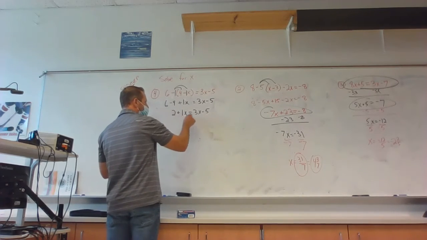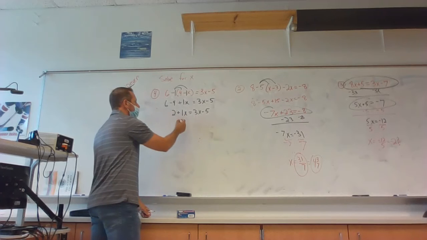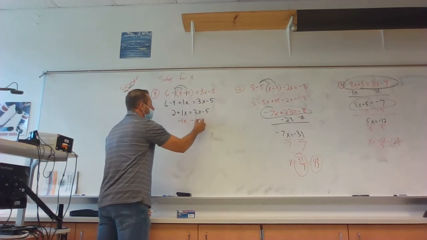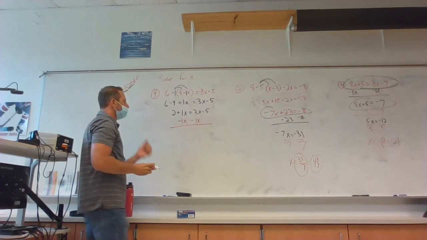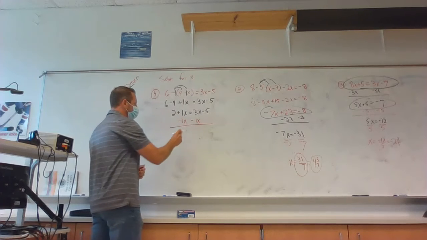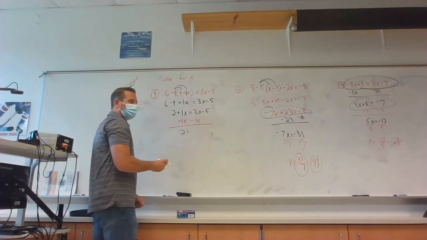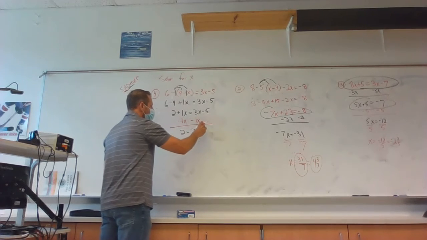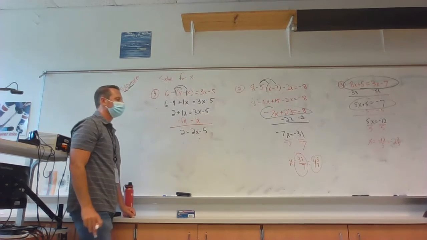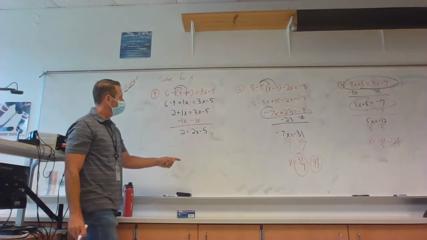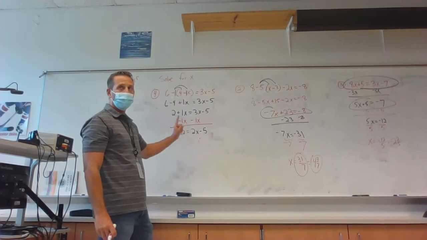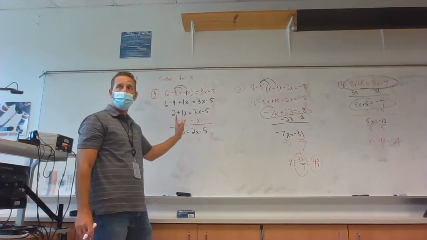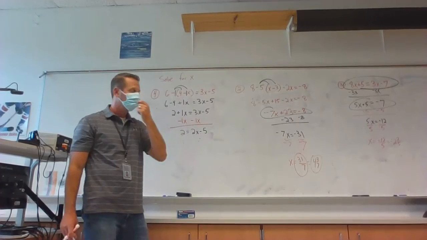I'm going to bring that over there. It's plus 1x, minus 1x. It's gone on the left. On the right, 3x minus 1x is 2x minus 5. Notice we're only doing the opposite operation when we're doing it on both sides and moving it to the other side.